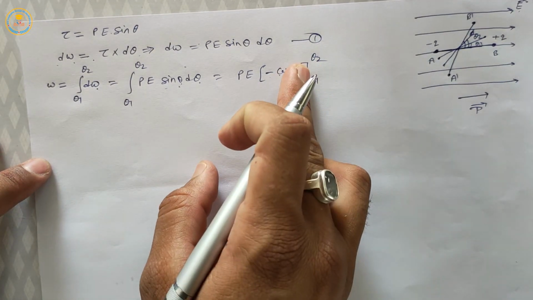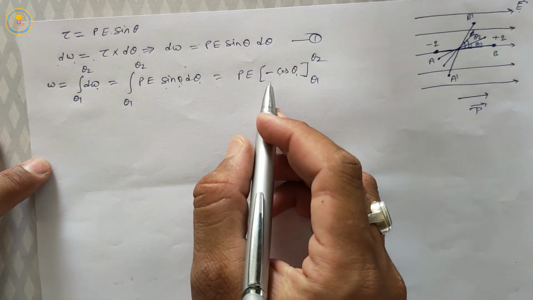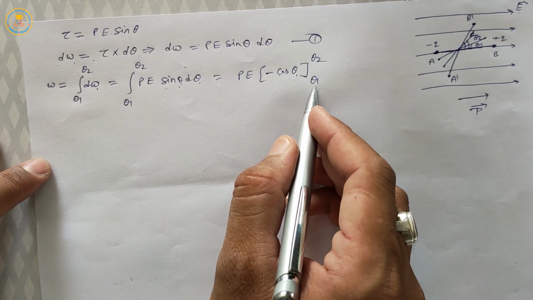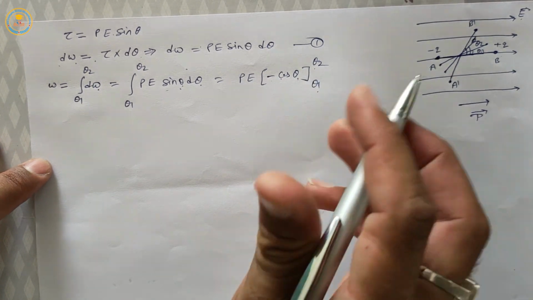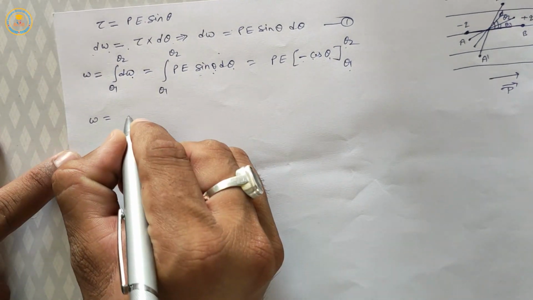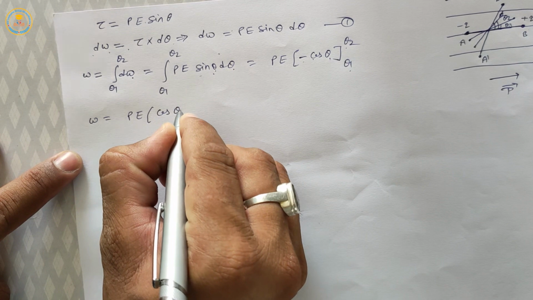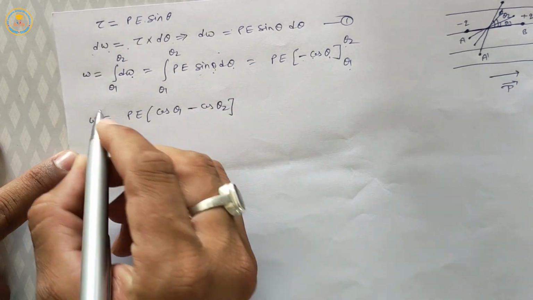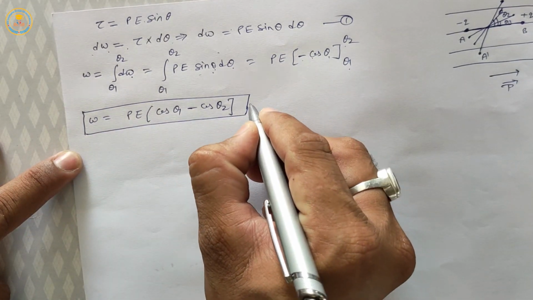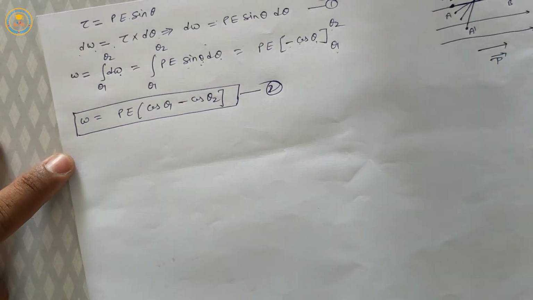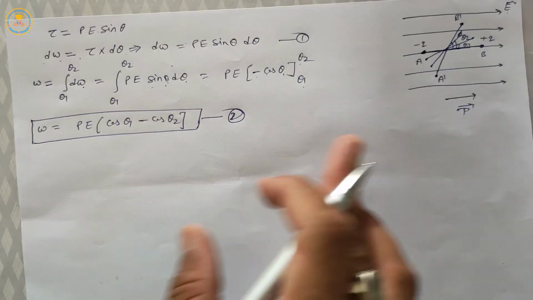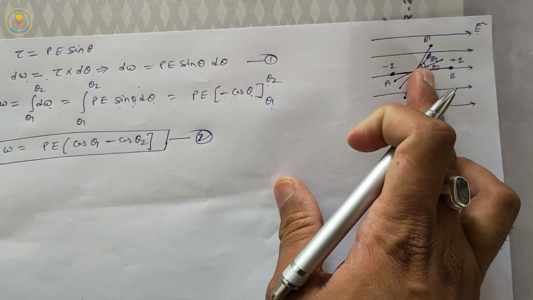Put the limits, upper limit minus lower limit. But because of the negative sign, we take lower limit minus upper limit. So W is equal to P E (cos theta 1 minus cos theta 2). This is the total work done in rotating the electric dipole from position theta 1 to theta 2.